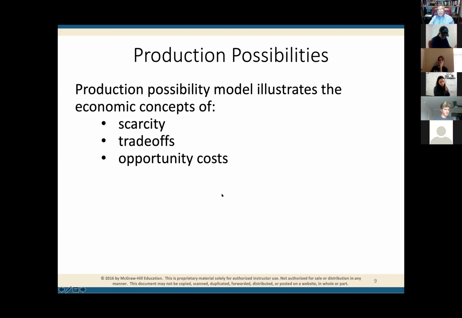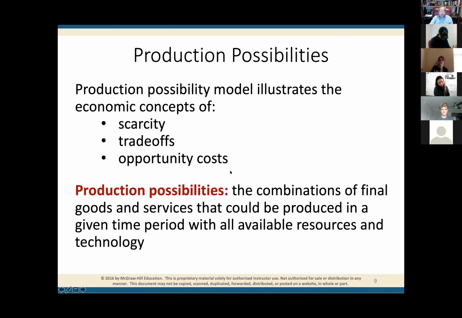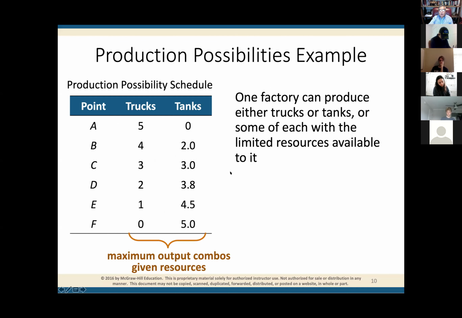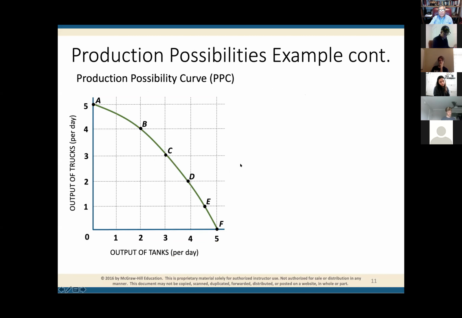the production possibility frontier illustrates a couple of concepts: the issue of scarcity, trade-offs, and opportunity costs. So we can see right here in this example, I can produce either trucks or I can produce tanks. I can produce at point B, point C, point D, it doesn't really matter.